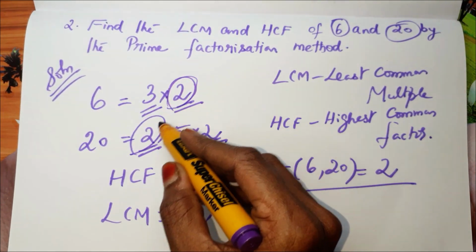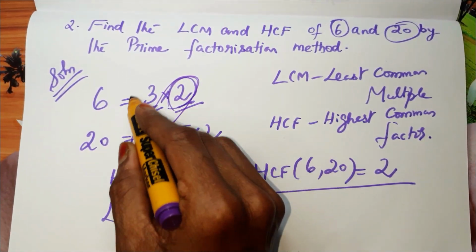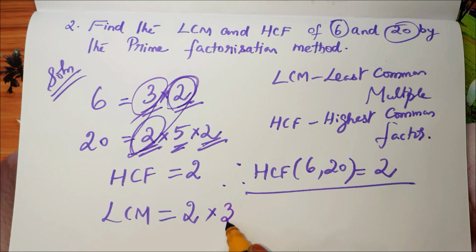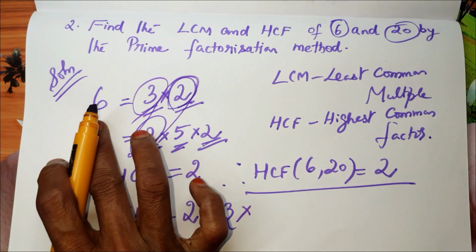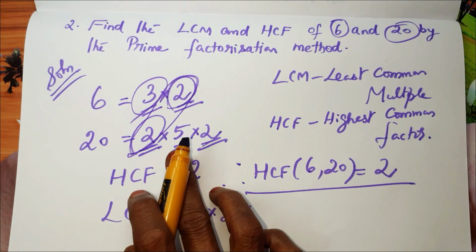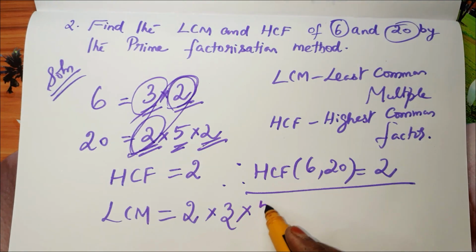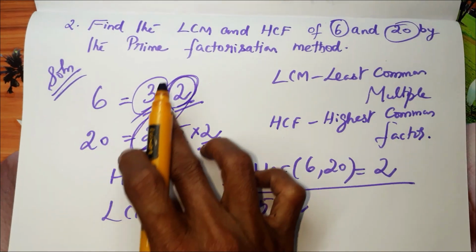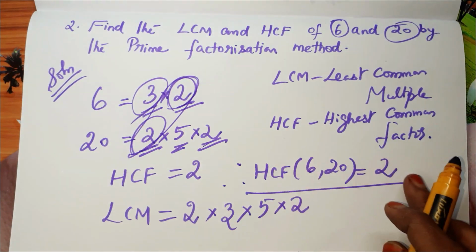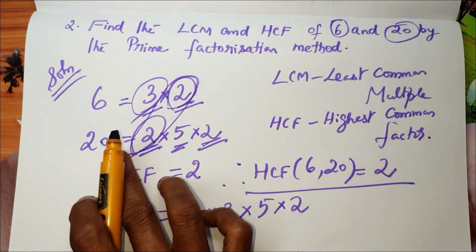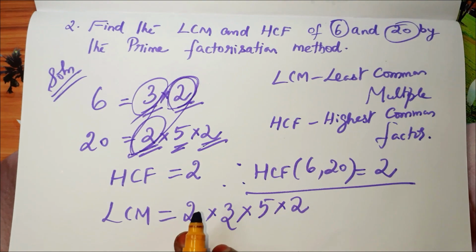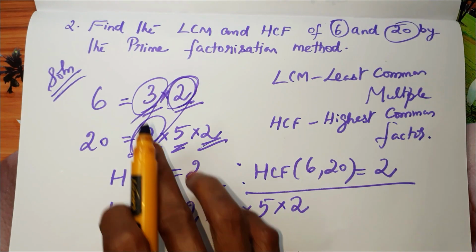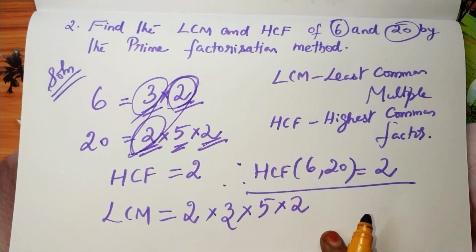After taking this common 2, we have balance factor 3 from 6. And from 20, 5 is balance and 2 is balance. So 5 into 2. So HCF means whichever factor is common, only that factor we take. LCM means whichever factor is common, that is taken once. After that, all the remaining factors we have to take down.